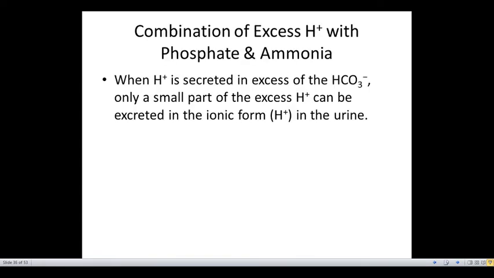Combination of excess hydrogen ions with phosphate and ammonia buffers. When hydrogen ion is secreted in excess of the bicarbonate ions, only a small part of the excess hydrogen ions can be excreted in the ionic form in the urine.